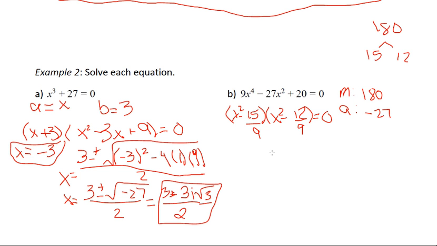But we're going to solve this for 0. So this works for what we need right now. So we can split this up and say that x squared minus 15 over 9 equals 0.